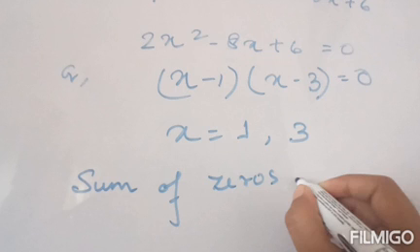So what conclusion can we get from here? The sum of the zeros of a quadratic polynomial will always be the ratio of minus of the coefficient of x to the coefficient of x square. And what will be the product of zeros? The product of zeros will be the ratio of the constant term to the coefficient of x square.